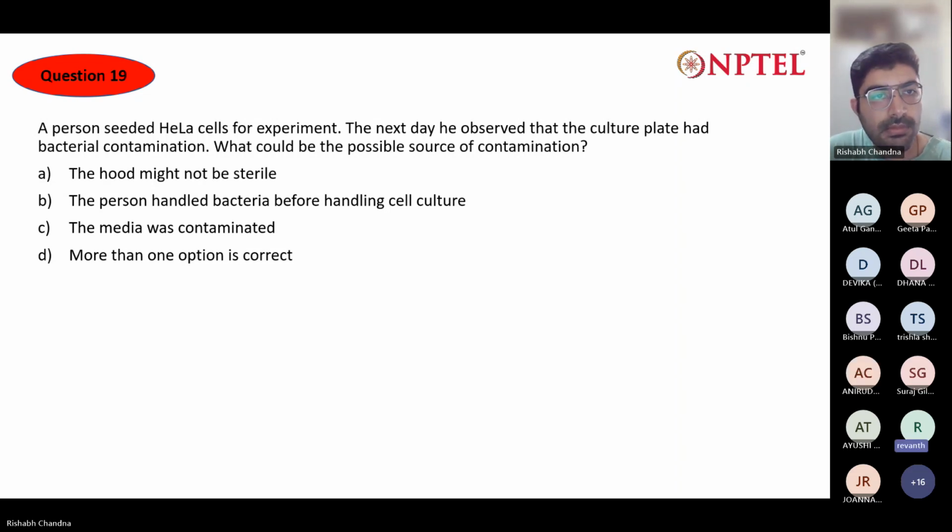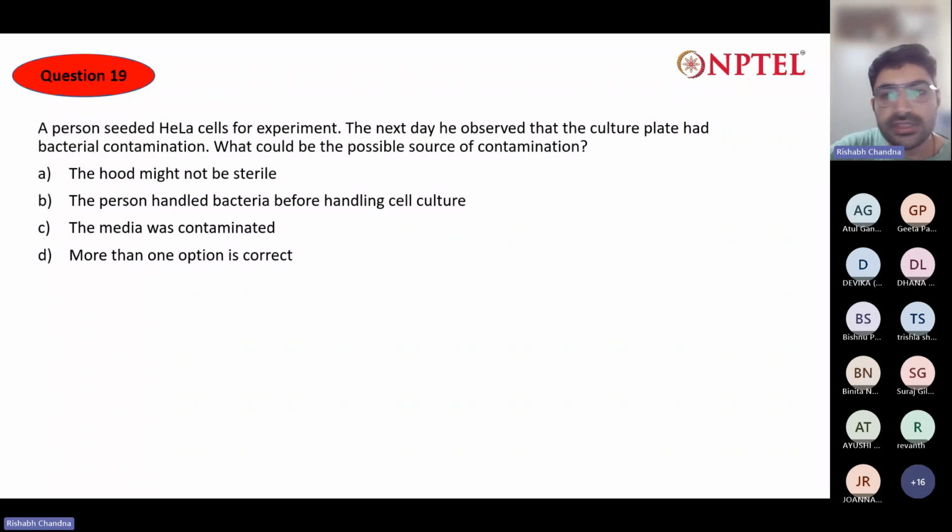More than one option is correct. Okay. Any more answers? So option D, more than one option. Yes. So the correct answer is more than one option is correct.